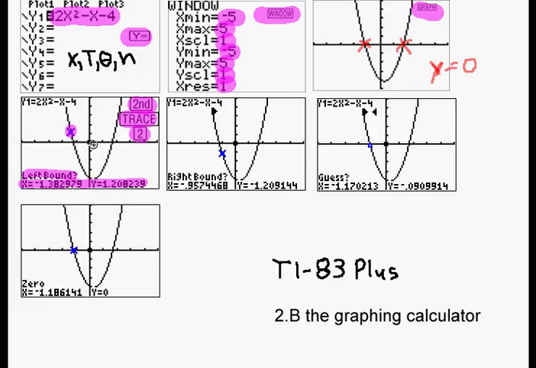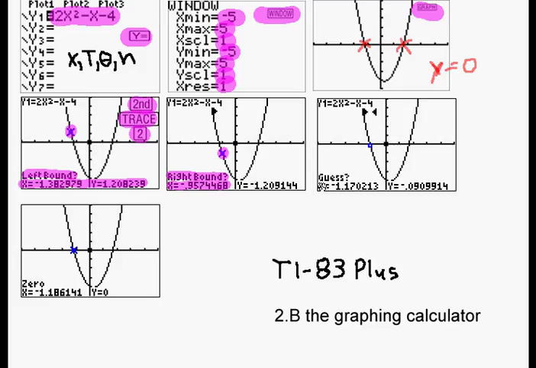The left boundary is minus 1.382979, and then it will ask you for a right bound, and then you hit enter, and you can see our right bound is x equals minus 0.9574468, and see that's to the right of where that graph crosses the x-axis.